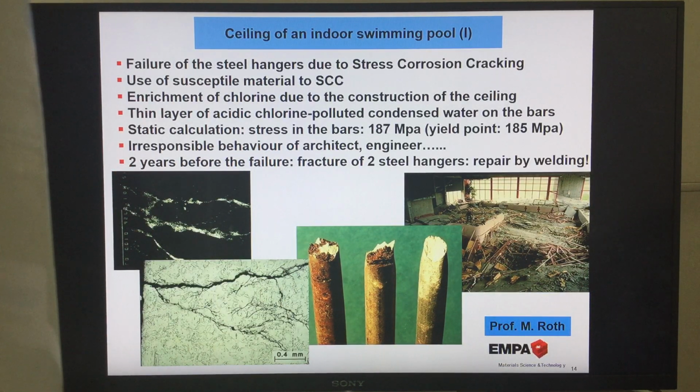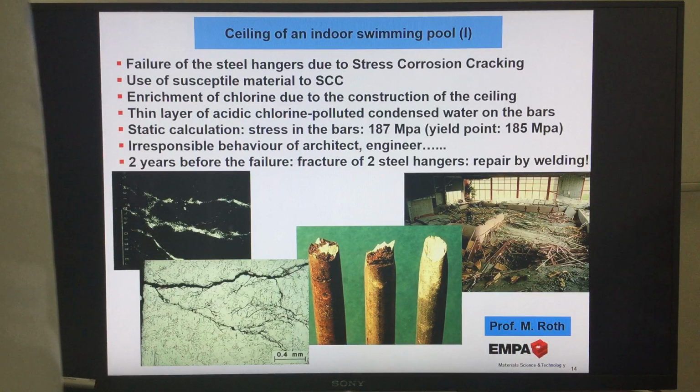But they didn't react. They thought, oh, this may happen, it may fracture and so on. If on that day or the next day they had taken these 2 steel hangers and brought them to our laboratory at EMPA, we would have checked, we immediately would have told them to shut down this indoor pool, and we would have saved the life of 12 people for sure.